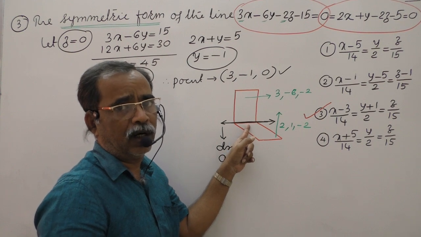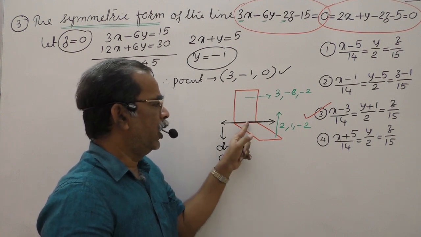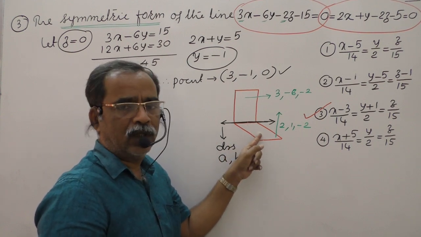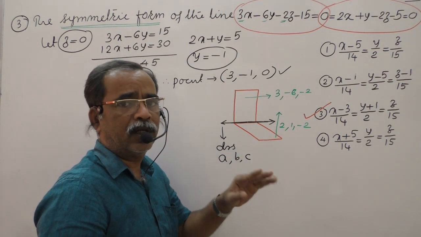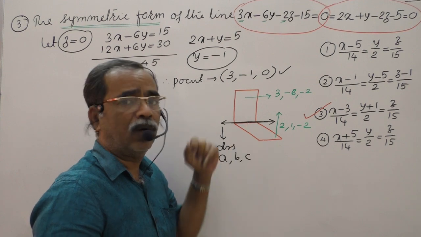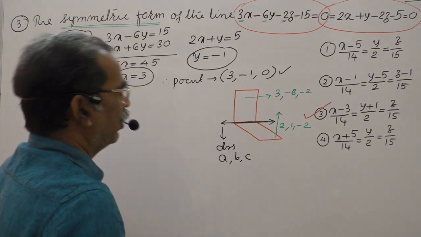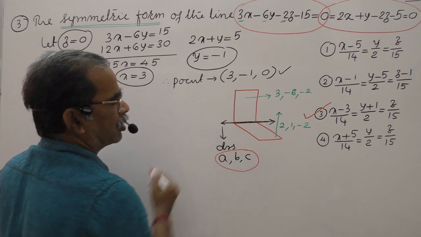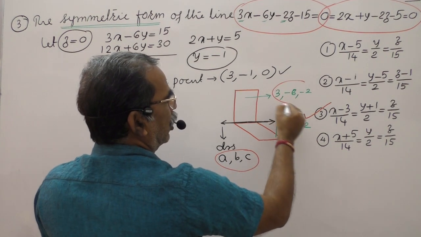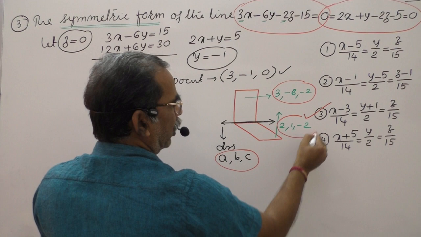In the figure, it may not be clear. This line also belongs to this plane. This line is normal to the plane. That means it is also perpendicular to the line. So what I want to say is this line which has DRs A, B, C is perpendicular to both the normals.